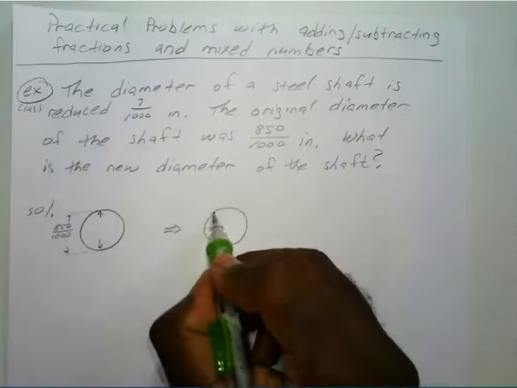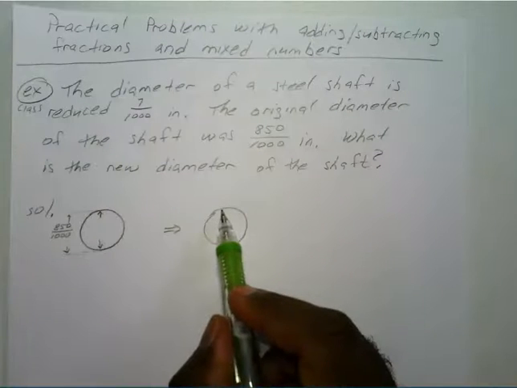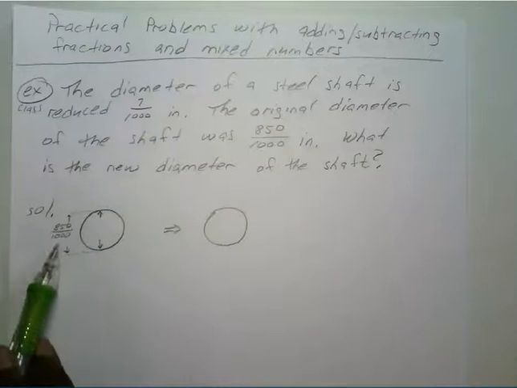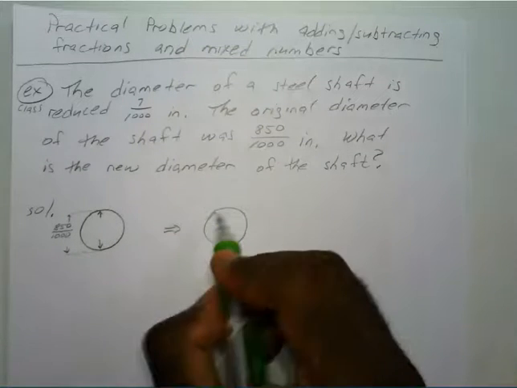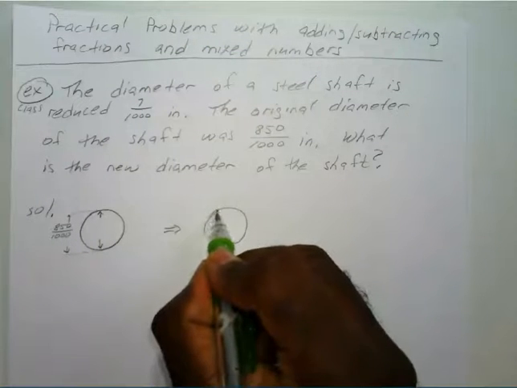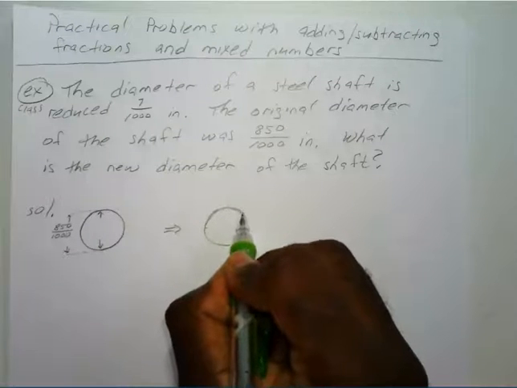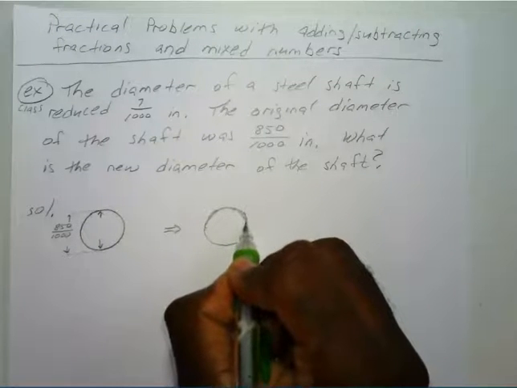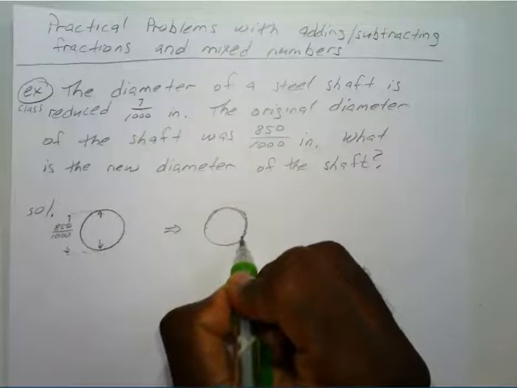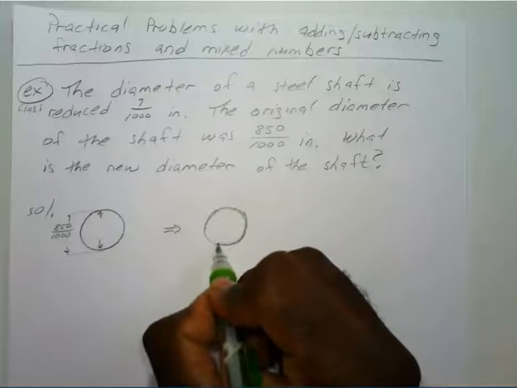Alright, so if it was 850/1000ths of an inch, let's say they reduced it, and I'm just going to fill that in for the reducing part. It won't be perfect, but hopefully you'll get the idea.